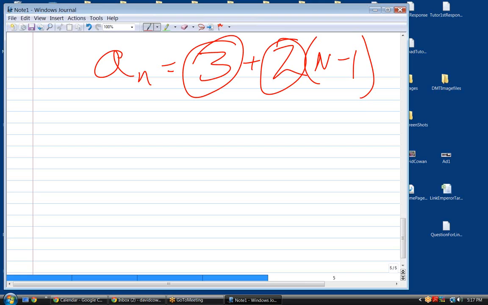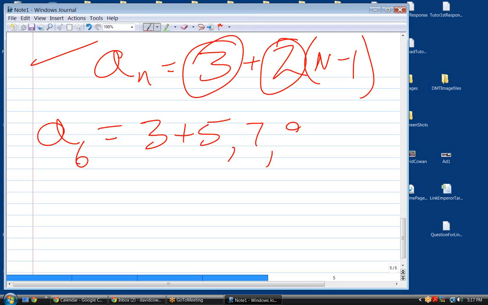What's the sixth term? And do it by this formula, not by counting them out. We could do it this way: 3 plus, each one's going up by 2. So it'd be 3, 5, 7, 9, 11, 13. So we know that's the answer. But let's see if we can get it by this formula.